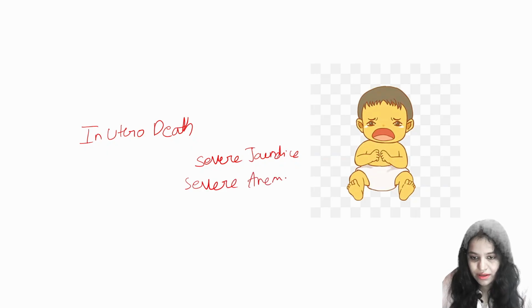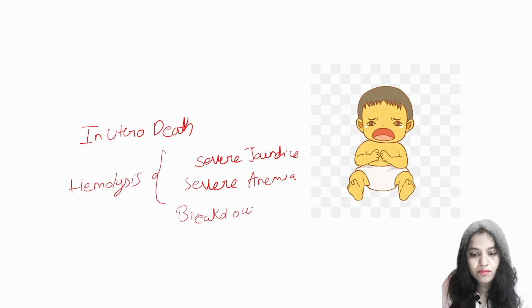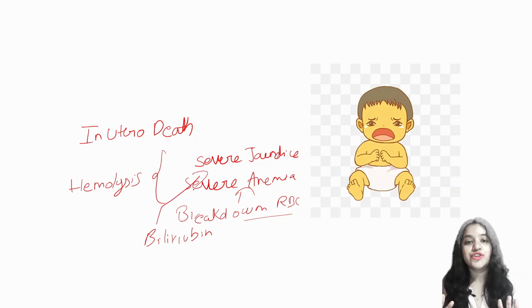Both are the result of hemolysis due to breakdown of RBC. There is severe anemia, and this broken down RBC releases bilirubin, right? So this bilirubin will cause severe jaundice.